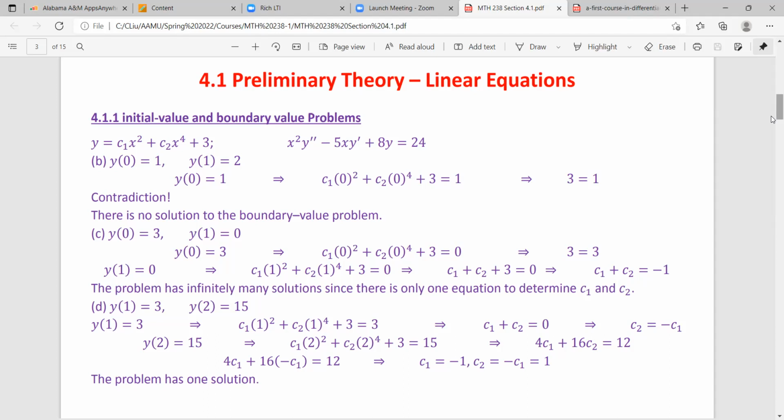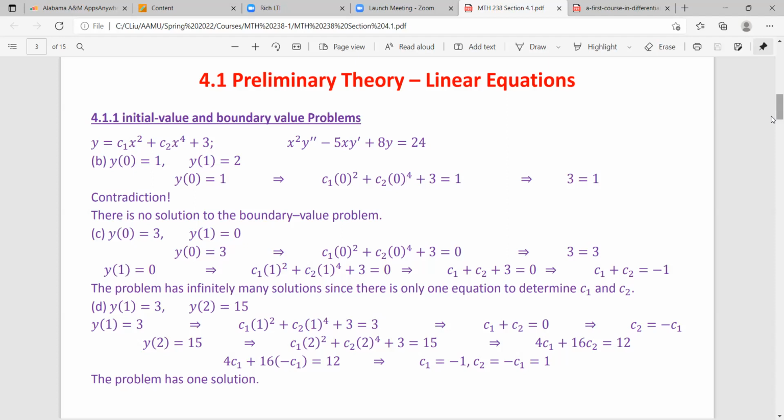If you plug in 0 for x, you get C1 times 0 squared plus C2 times 0 to the fourth plus 3, and that has to be 1. But 0 to any power is just 0, so you're left with 3 on the left and 1 on the right. Obviously, that's a contradiction.